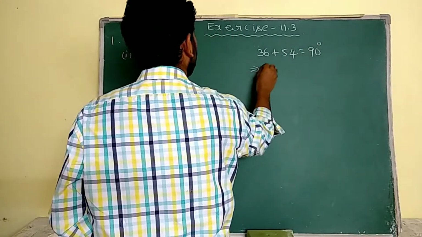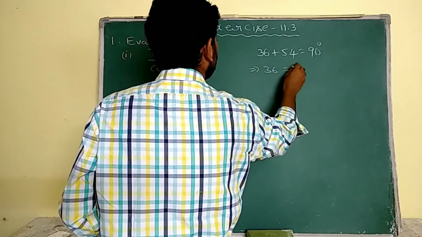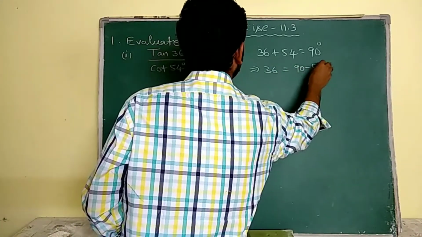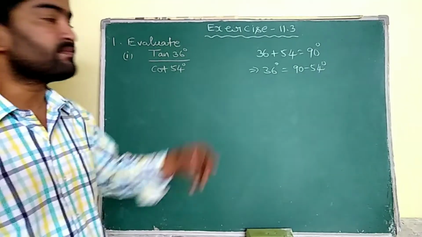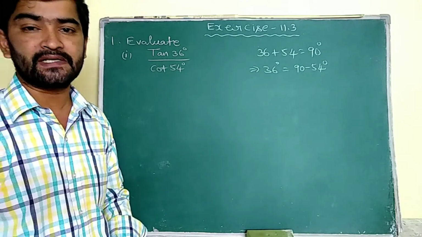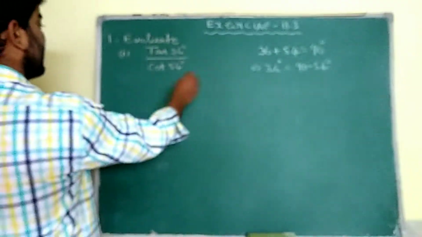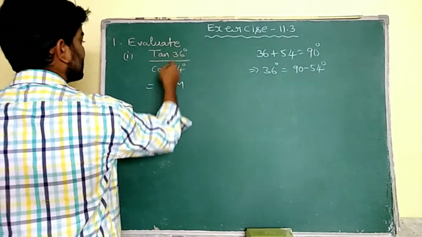By that, just express 36 degrees or 54 degrees in terms of the other. 36 is 90 minus 54, so I am expressing 36 in terms of 54. Else you may express 54 in terms of 36. Now replace either value.